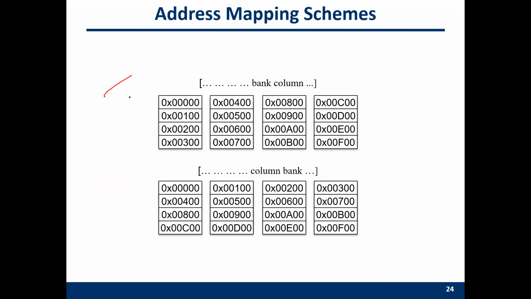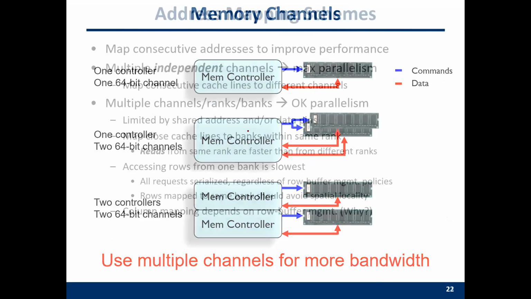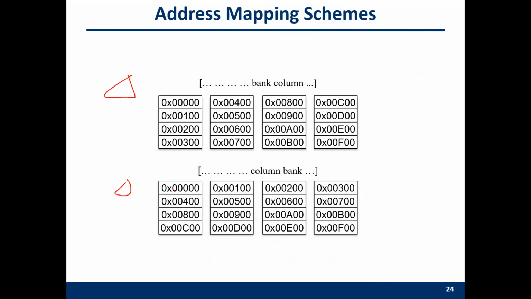So this one is the concept that we just talked about here. Consecutive offsets or memory lines are stored in different banks.